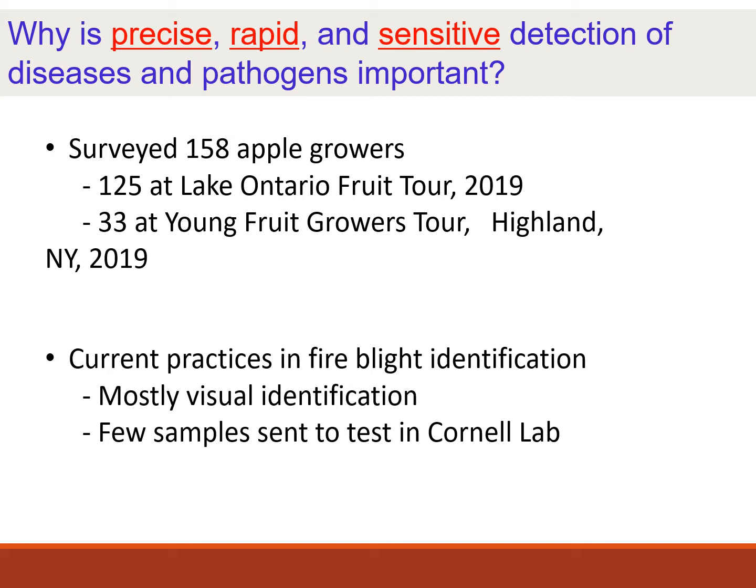And based on those results, I can tell you that we cross-checked what growers or extension educators were saying was fire blight and what were the results from the Cornell lab. And there were many differences in many cases, indicating misdiagnosis.